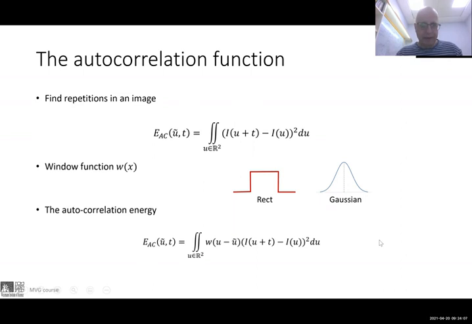This is called the autocorrelation energy, and of course it's a function of position u and translation t. So u is the center of a local window, and t is the shift to find a repetition.